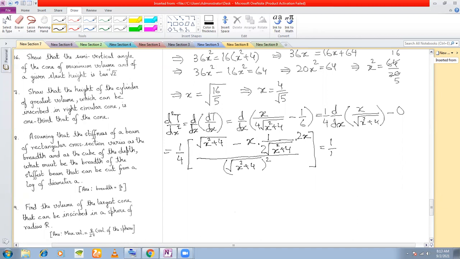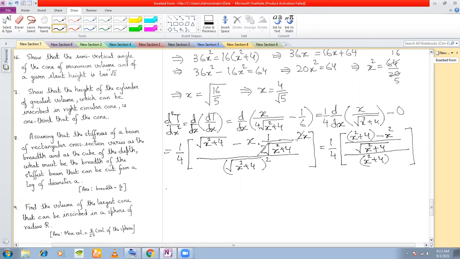Which is equal to, now you simplify this, take the LCM in the numerator. If you take the LCM, first of all, this 2 and this 2 are going to cancel here. And now if you take the LCM, you're going to get x square plus 4 minus x into x will give you x square, divided by root over of x square plus 4, divided by x square plus 4.